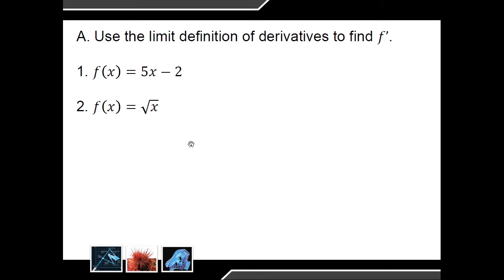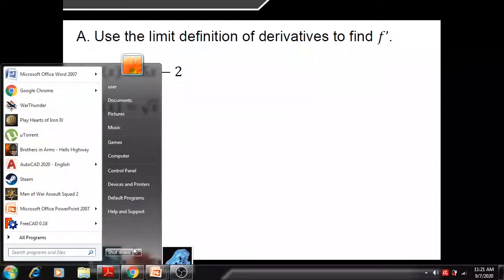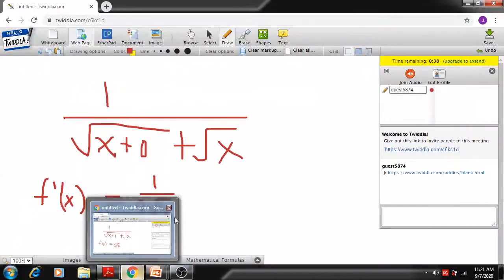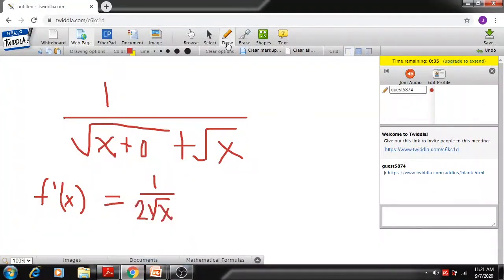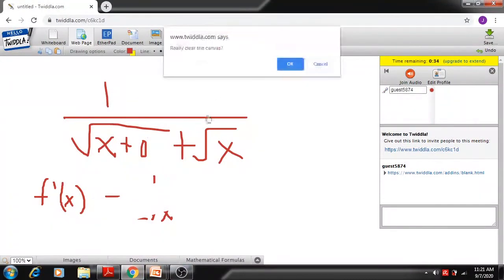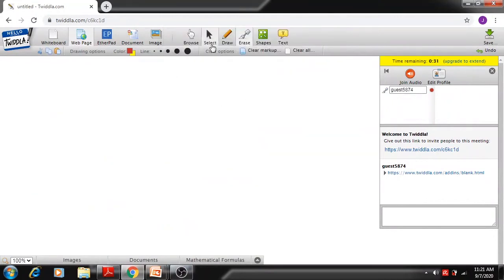But how about square root of x? Interesting. So let's go back here again. I only have 38 seconds. I think you can actually rewrite that into x raised to 1/2. So knowing that, we can multiply 1/2 x raised to negative 1/2.